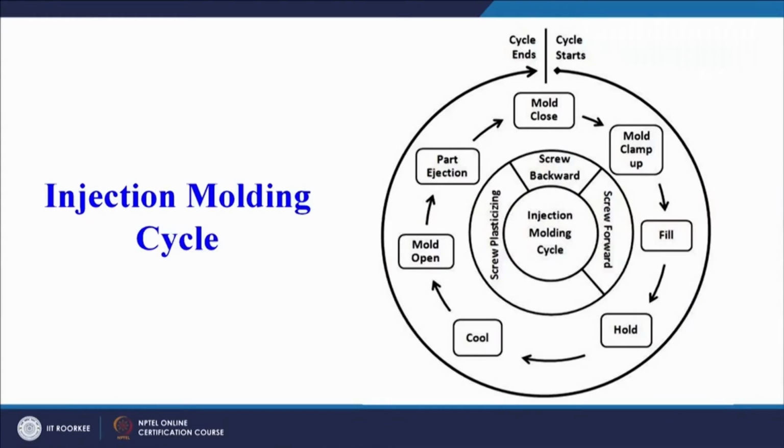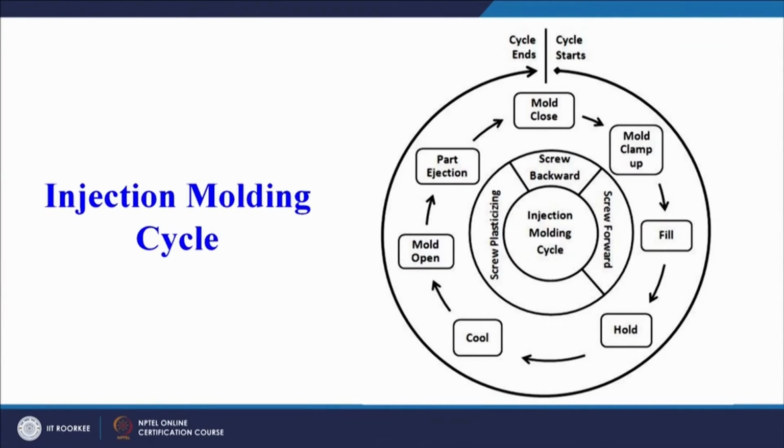So we give some time to the mold to remain closed so that the polymer filled with fibers inside the mold gets some time to solidify. It will lead to cooling and solidification of the material inside. Then once the material has solidified, we will open the mold and the part ejection will take place.